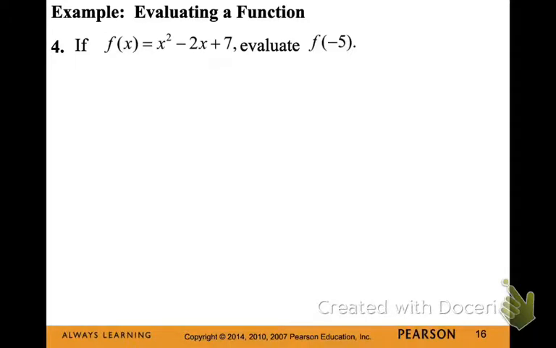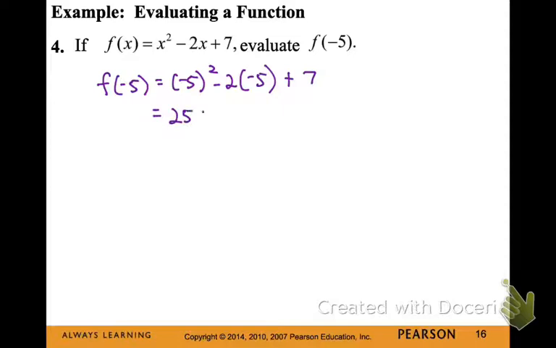All right, in example 4, I believe it is, f of x equals x squared minus 2x plus 7. We're going to evaluate f of negative 5. That means for all our input x's, we're going to plug in negative 5. So we'll have negative 5 squared minus 2 times negative 5 plus 7.